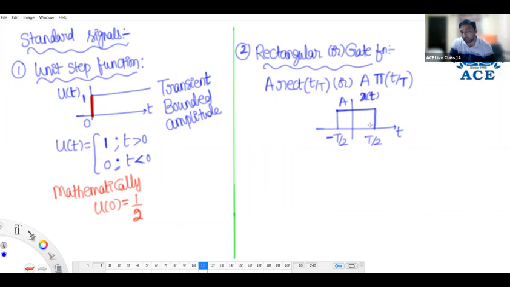Minus T by 2 to plus T by 2 means width is T. That is what this denominator, t by capital T, is. Some fellows will use the pi symbol also, because if you do a slight extension here, the graph is looking like pi. Instead of rect t by T, some fellows will use the pi symbol.